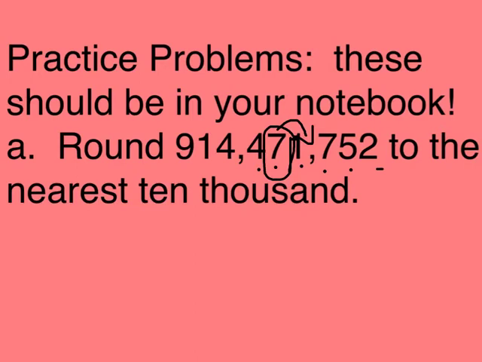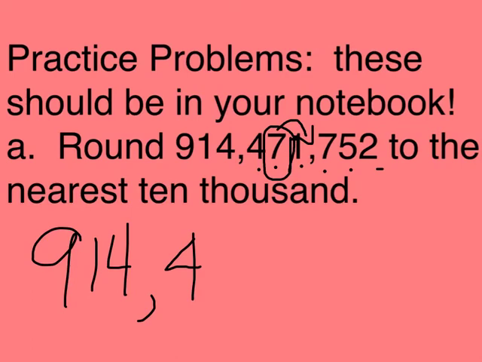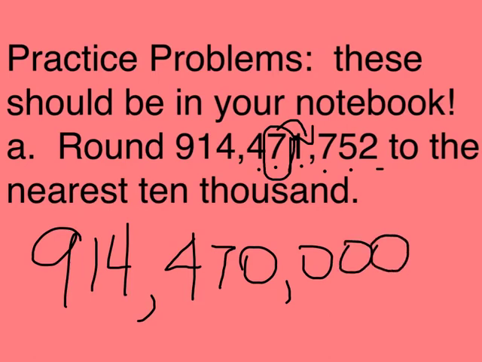We're going to keep the 9, the 1, the 4 in the beginning the same. But we're trying to decide with that 7, do we leave it as 7 or do we move it up to 8? Well, because 1 is less than 5, we're going to leave this as 7, and then we're going to put zeros after everything else. Zeros are round. That's what we're doing. We are rounding.